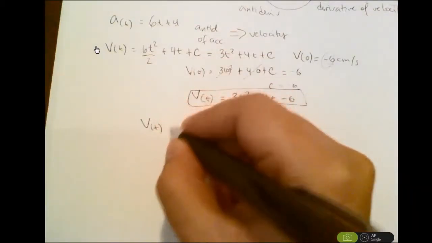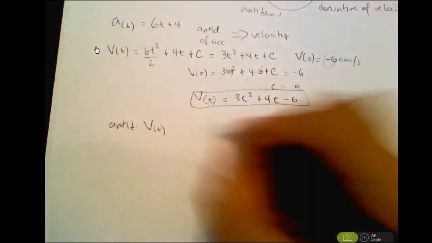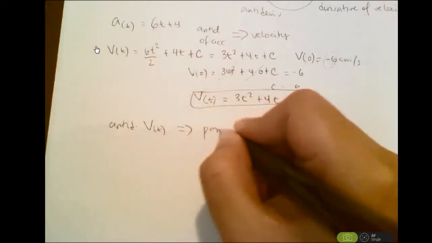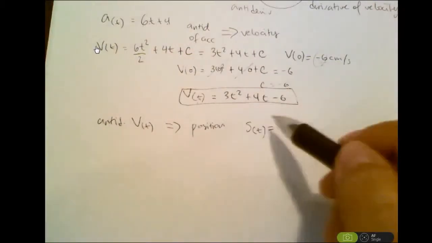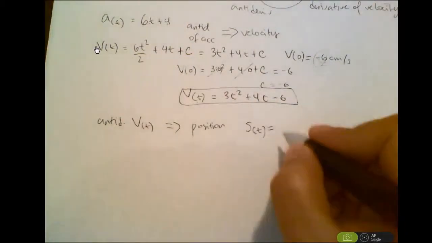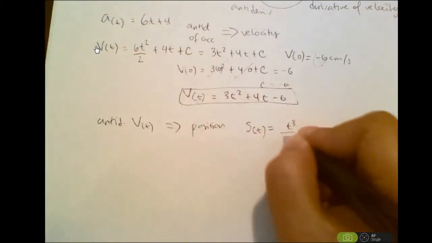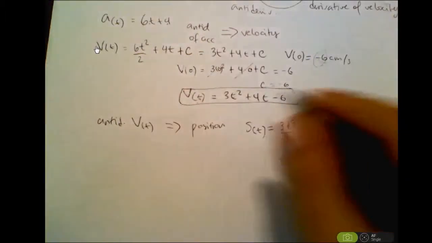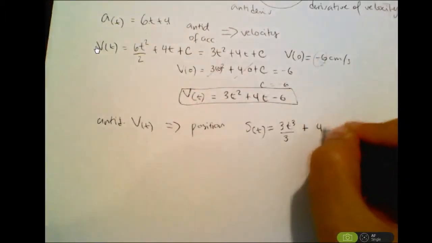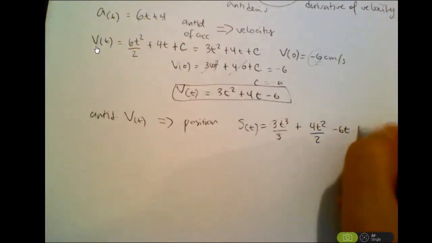So by finding the antiderivative of velocity, you're going to get position. So the position function is going to be, since I'm adding and subtracting these terms, just the antiderivative of each. The next exponent is going to be t cubed over 3 times that 3 that was there, plus the next exponent is t squared over 2 minus 6t plus the cherry on top.